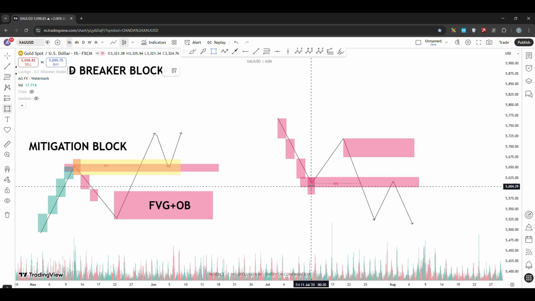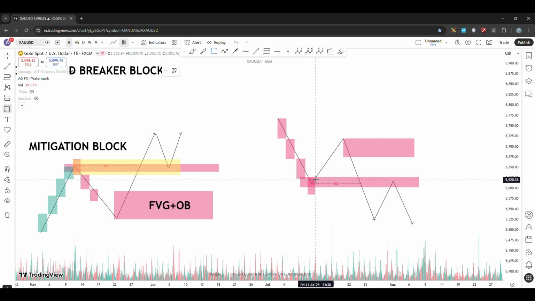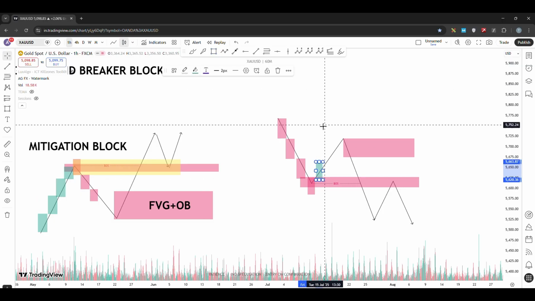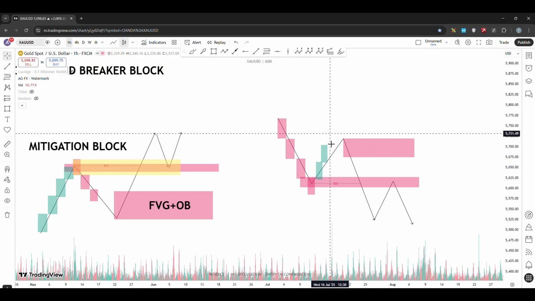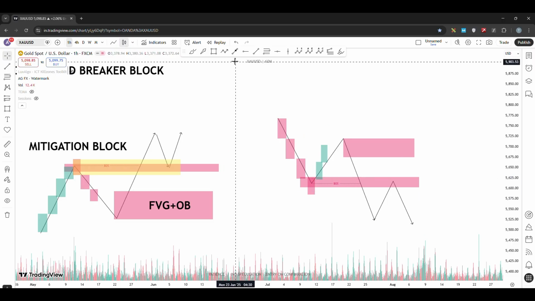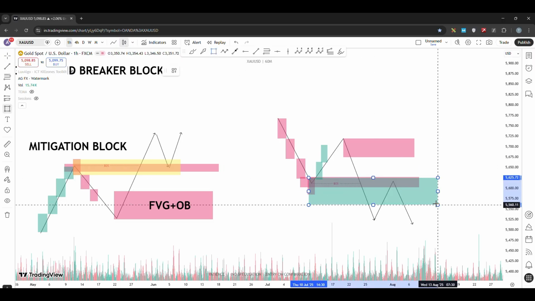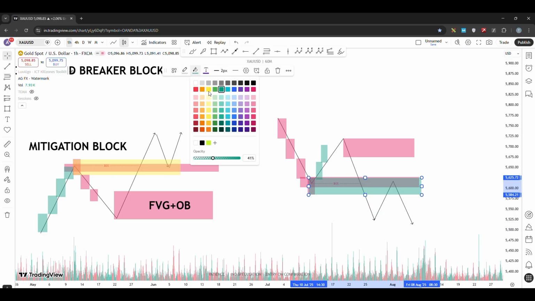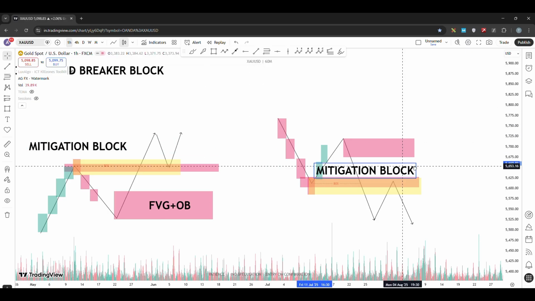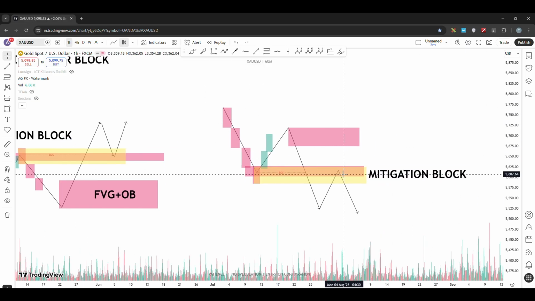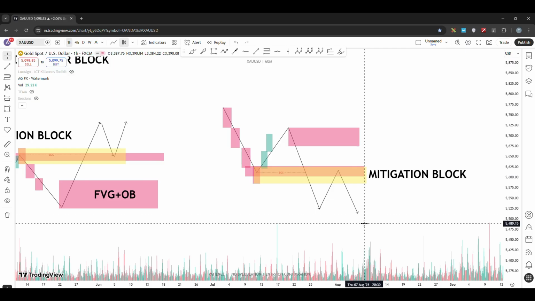So this should be the last candle, and this will be our mitigation block. After that, let's say the market starts to push higher and prints green candles like this. So this whole candle will become our mitigation block. This is called a mitigation block, and it helps the bearish trend continue to the downside.